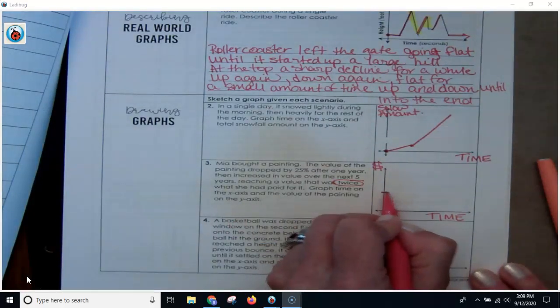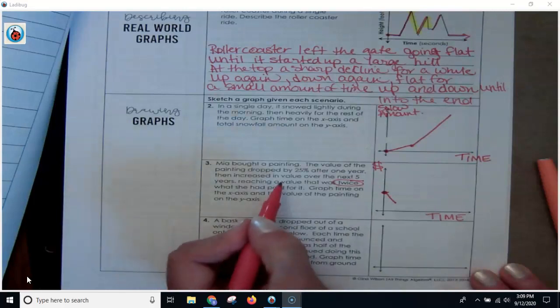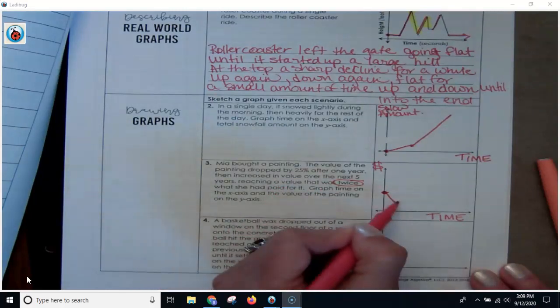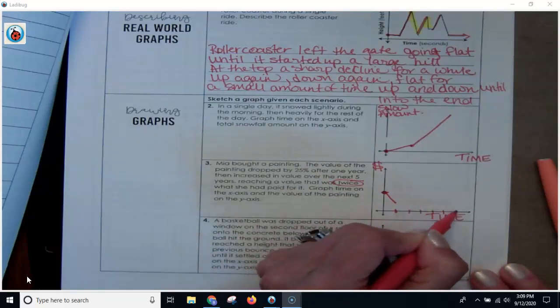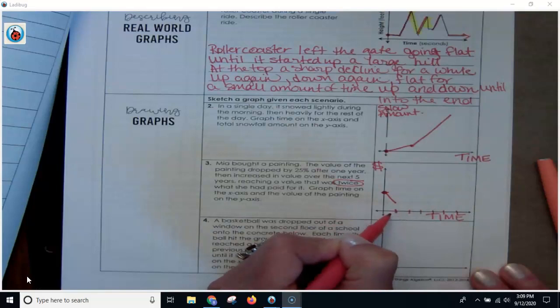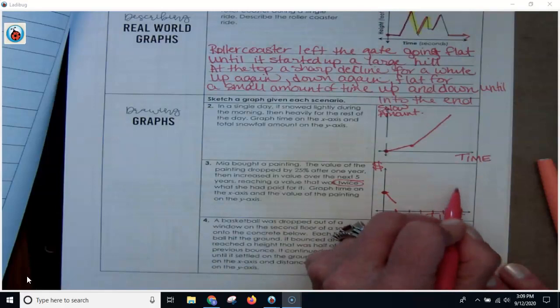Well, let's say Mia bought the painting at this amount, but they said after 1 year it went down. But then over the next 5 years, so this would be year 1, year 2, year 3, year 4, year 5, year 6, because over the next 5 years, 1, 2, 3, 4, 5 years, it doubled.